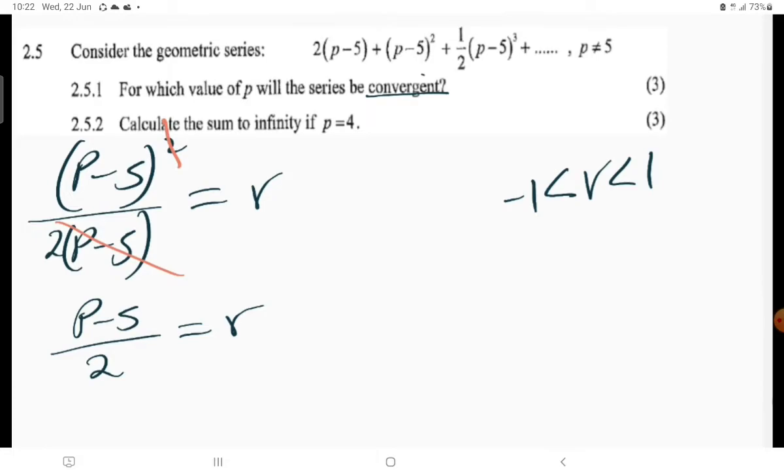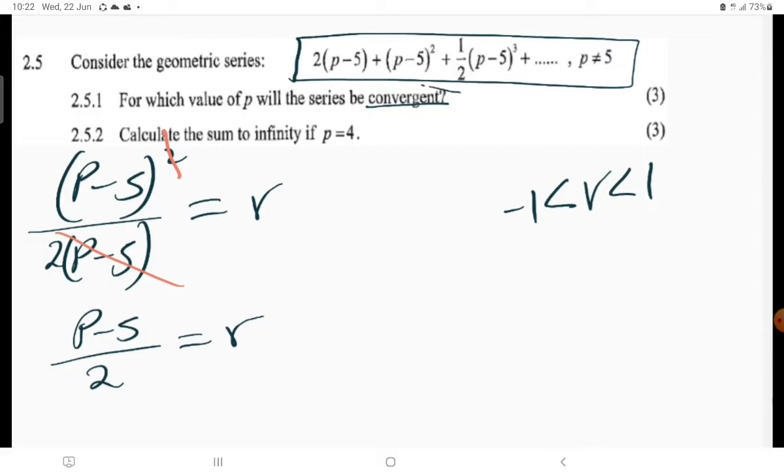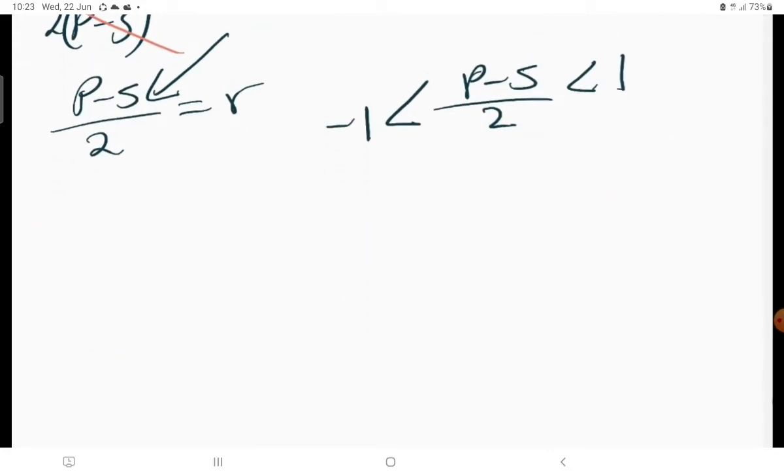So now we force this series to be convergent, which means this value of r is going to be right between -1 and 1. Now we have p minus 5 divided by 2, which is less than 1 but greater than -1. Now we are in a position of finding the value of p using these inequalities.